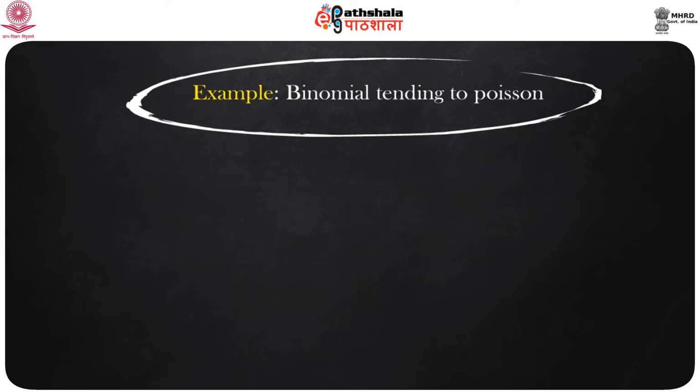By now all of us are aware of the cases when the binomial distribution tends to Poisson. Suppose X follows a binomial with parameters n and p, the standard one, where n is the number of trials and p is the probability of success.